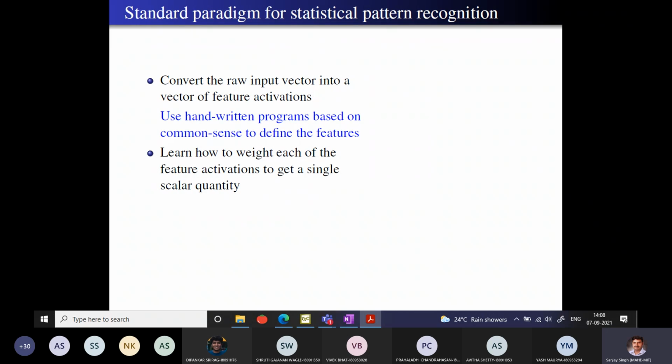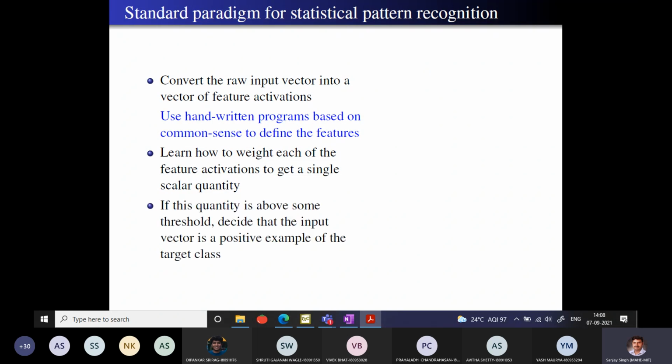And then you have to find out how to go for a scalar quantity, and if this quantity is above some threshold, then you decide that the input vector is a positive example of the target class.